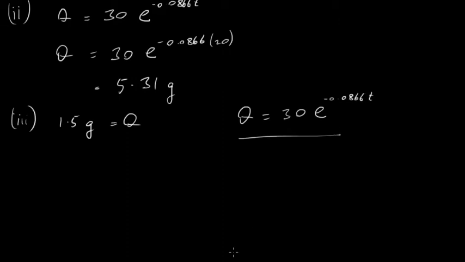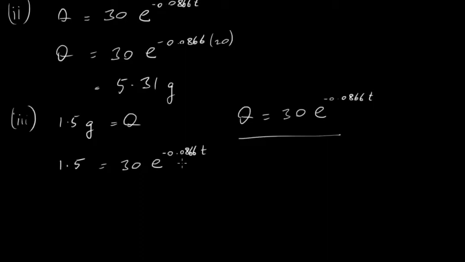This is our equation. Now we know that Q is 1.5, so we just write in 1.5 for Q equal to 30 times e to the power of minus 0.0866 t. In this case we don't know what t is. Okay, we have everything else except for t.